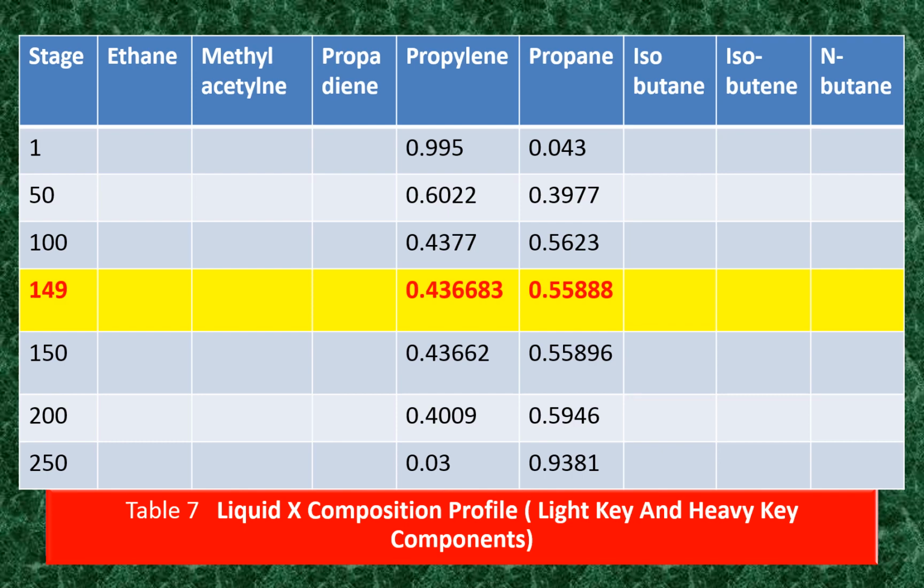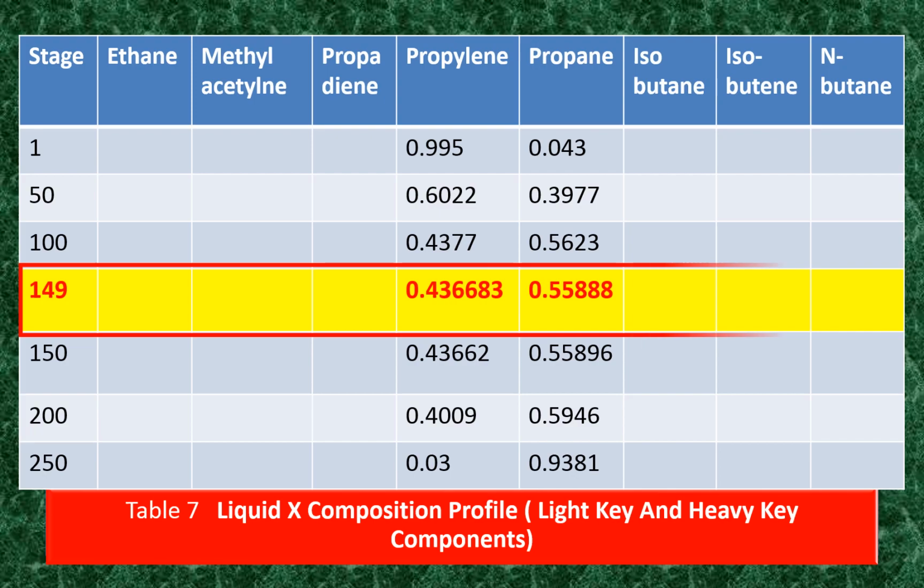We have the feed specification, so we can calculate the key ratio of the feed. The liquid composition profile across the stages is given in the table here. This data is derived from the simulation results. In the feed stage 149, the concentration of propylene is 0.436 and that of propane is 0.558.